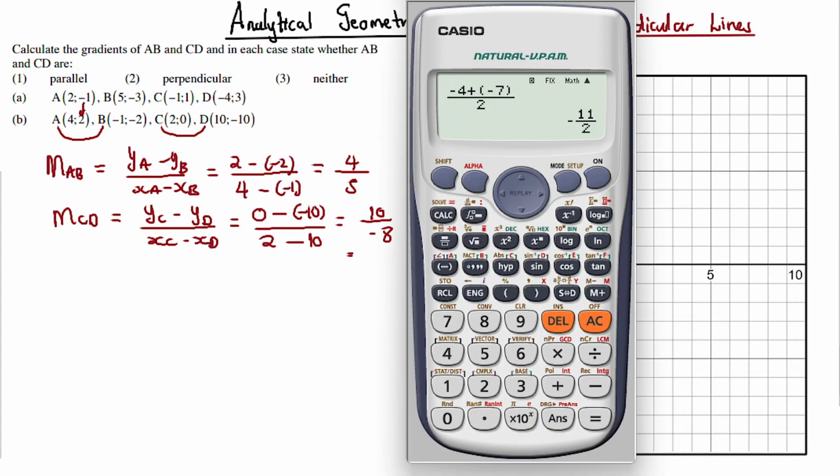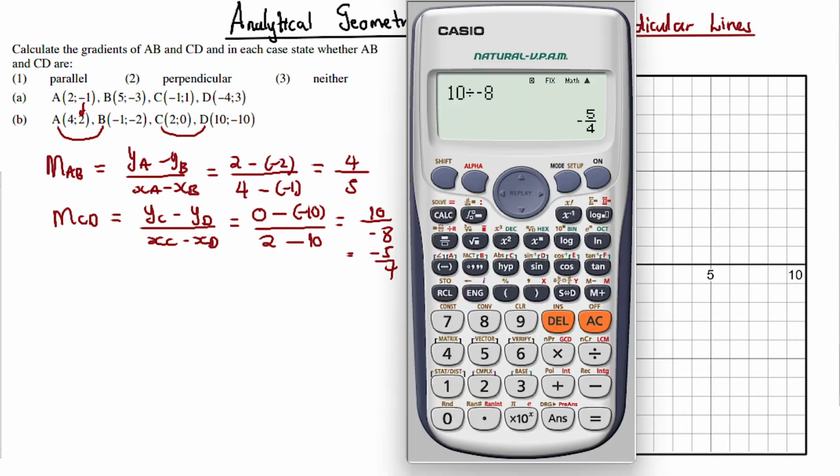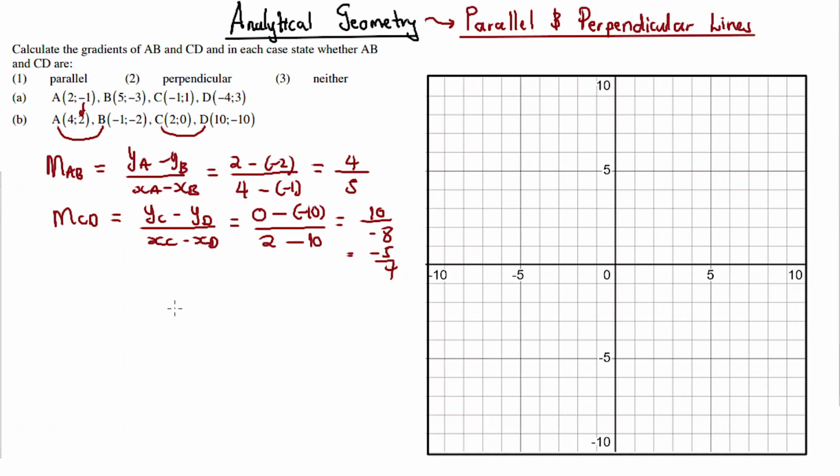So 10 divided by minus 8 is negative 5 over 4.